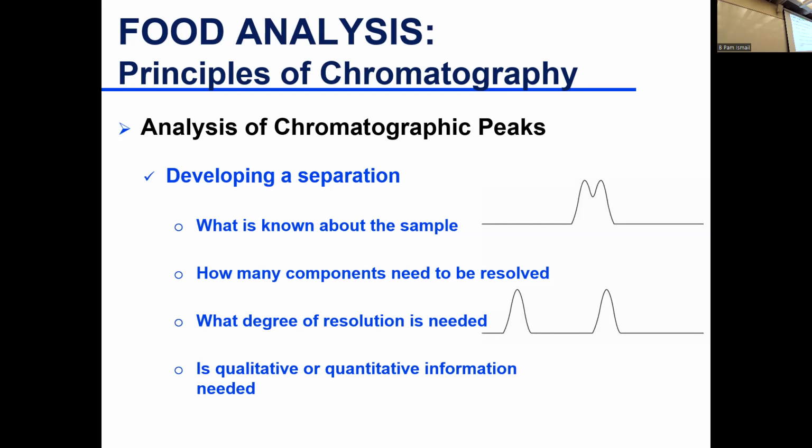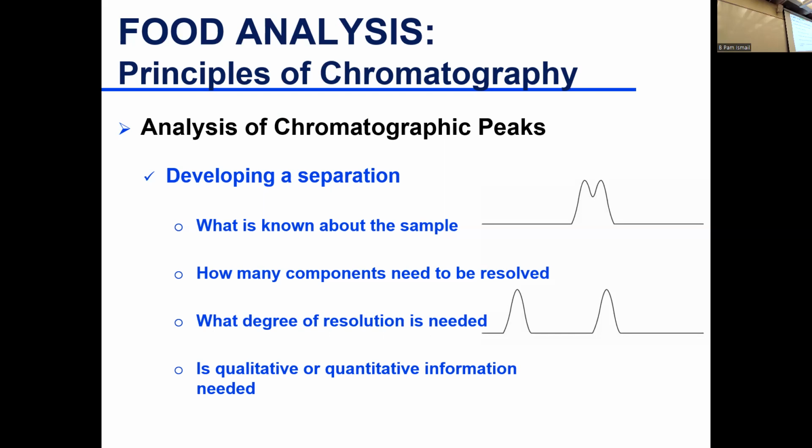Sometimes you really don't need very good separation. You just want to identify, you don't want to quantitate. If you don't want to quantitate, it doesn't matter if they're co-eluting as long as you can identify this first peak and the next.